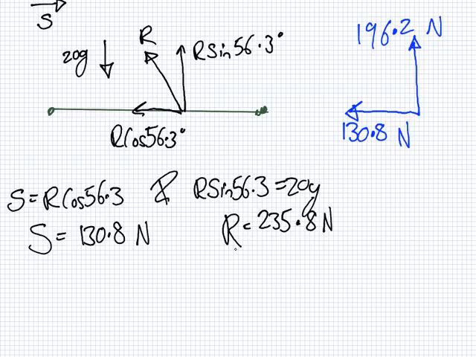And don't forget you have a force going this way, which is F, and a force going down, 20g. Right, so let's see what equations we can make. We can say F must equal R cos 56.3, and R sin 56.3 must equal 20g.